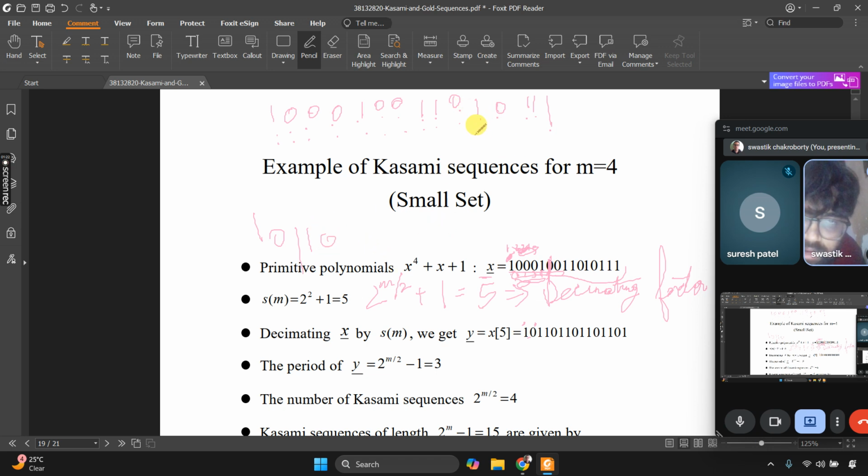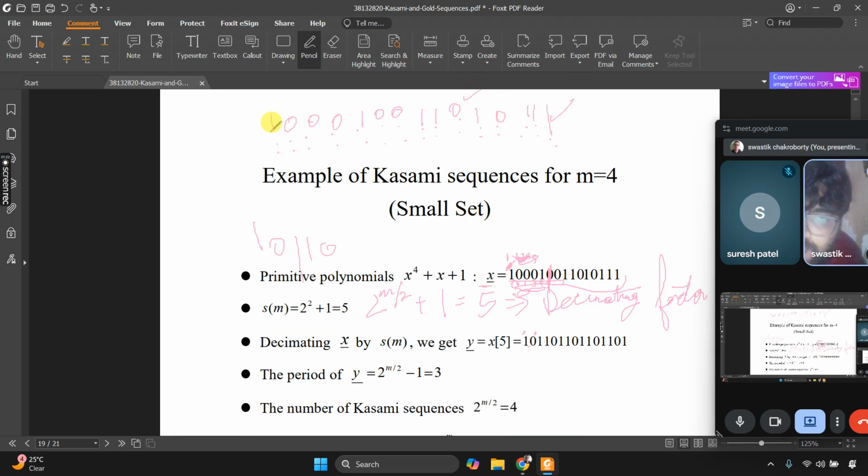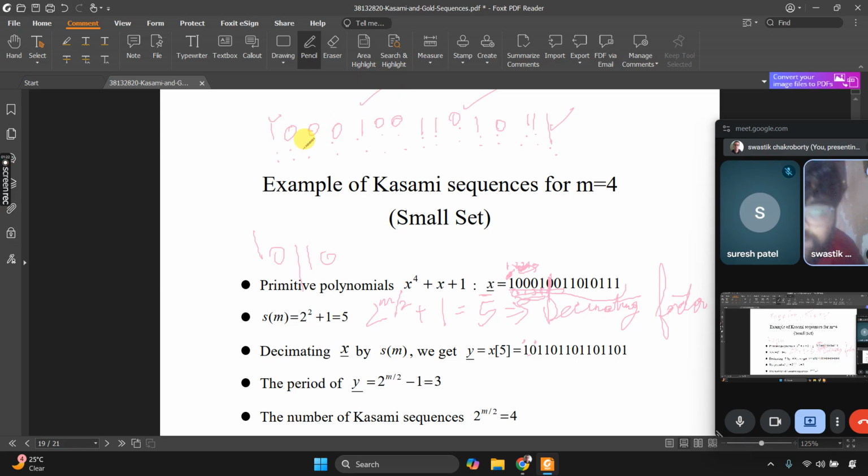Then from this 0, 1 2 3 4 5. Again this one. So we will always end up choosing 1 0 1.